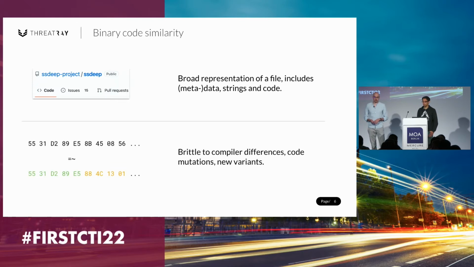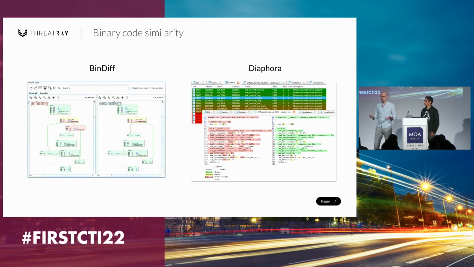Another approach would be to extract some byte sequences from the code of the binary and compare those byte sequences with each other. That gives you a rough estimate of similarity as well, but it's quite brittle to compiler differences or to mutations and variations. A much better approach that we already have nowadays is tools like BinDiff or DFRWS.